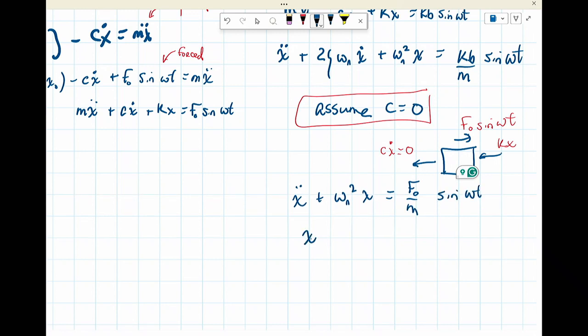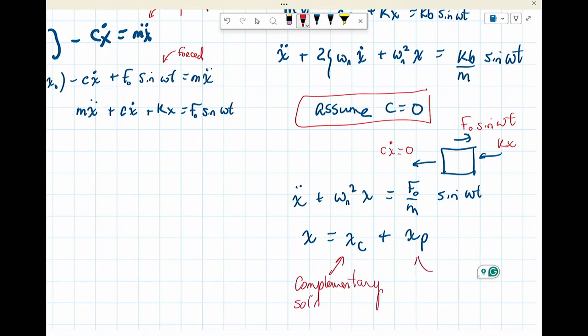I can write x now as a characteristic plus, or complementary, excuse me, it's different notation, different courses. Complementary solution and a particular solution.